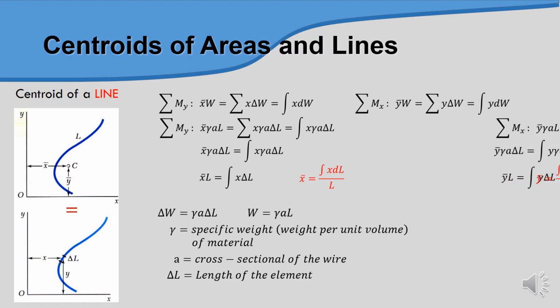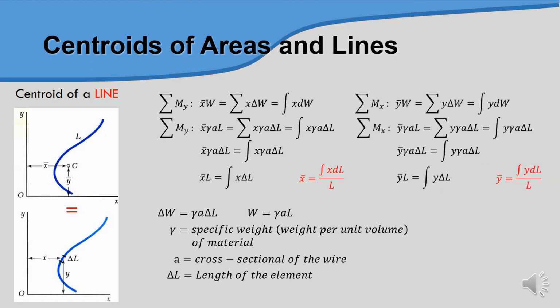It also happens to the moment at the x-axis, whereby the value of y bar is integration of y dL over L. So finally, this is the equation of the centroid of a line.